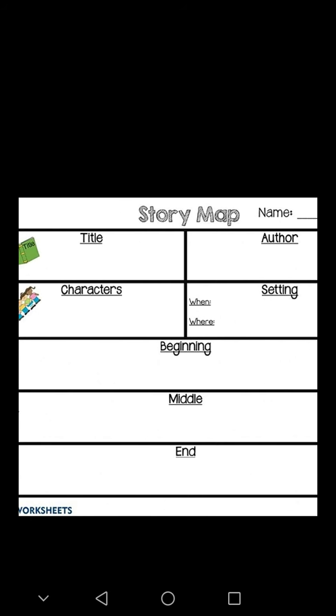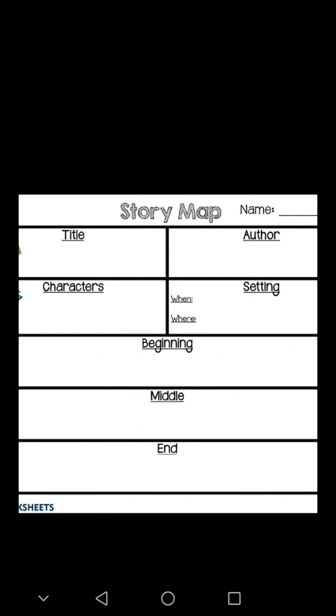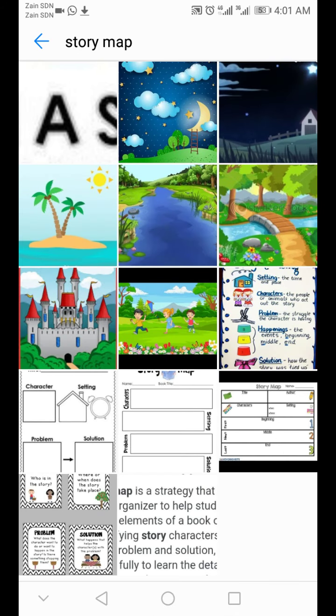Author means the one who wrote the story. We call it an author. Then characters, then setting, then we have the beginning of the story, the middle of the story, then the end of our story.